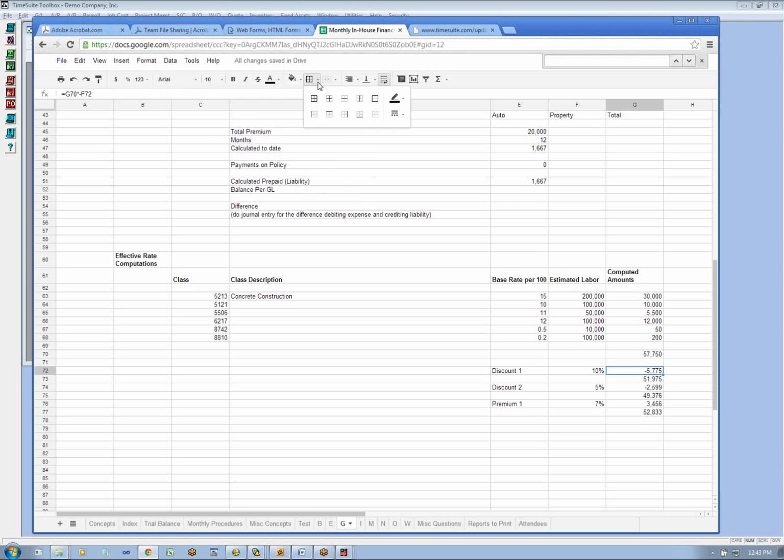So what we would do is calculate our modifier, and basically that would be the 52,833 divided by the 57,750.